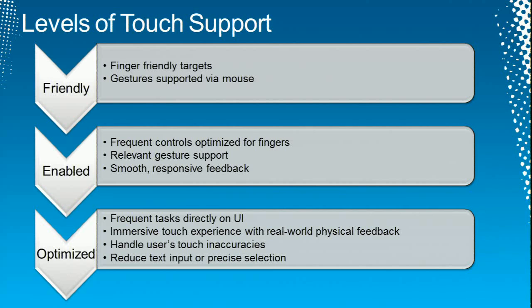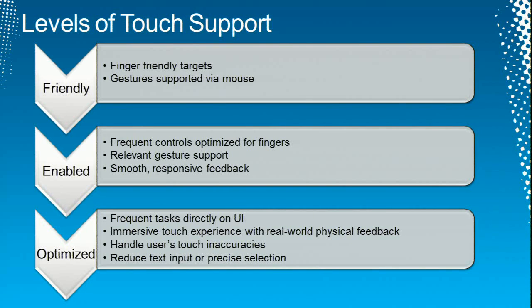Your frequently used controls get a little more prominent. They look like they're designed to be touched. You get some more feedback at the point of contact, and then all the way to touch optimized, where you're trying to enable that touch experience, where you have not only nice controls, a nice UI for touch.